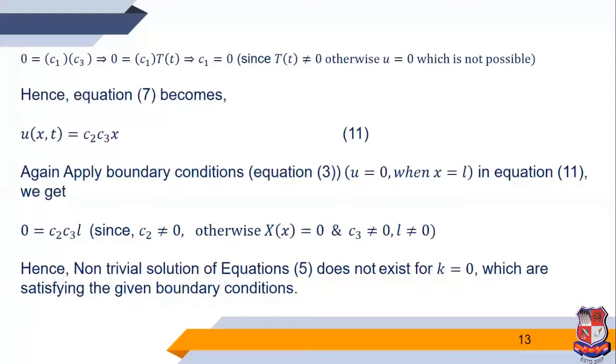But for the k greater than 0 case and the k equal to 0 case, we can't get a non-trivial solution of the given problem. So again, I repeat, for k greater than 0 we get a trivial solution, and for k equal to 0 we get a trivial solution. So only in one case, k less than 0, a non-trivial solution exists and also satisfies the boundary condition.